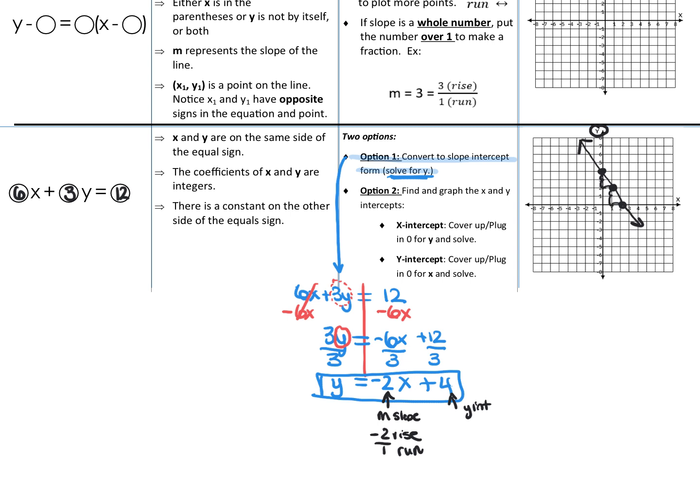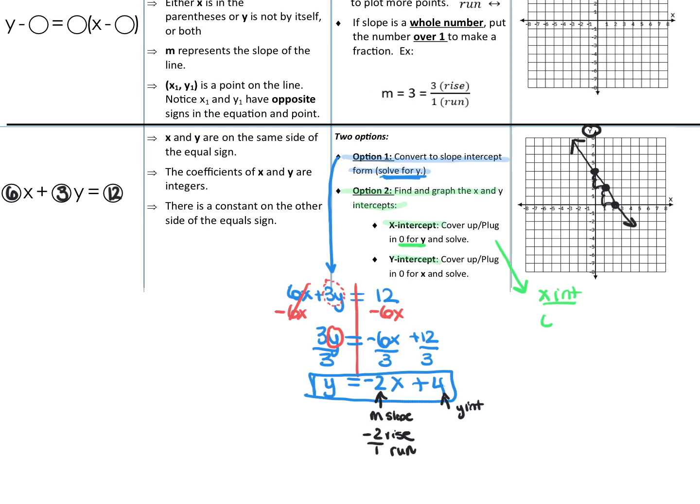Option 2 is that we find the x-intercept and the y-intercept. So another way to do exactly what we just did is I'm going to use the green. If I want to find the x-intercept, it says that I use 0 for y. So my equation said 6x plus 3y equals 12.